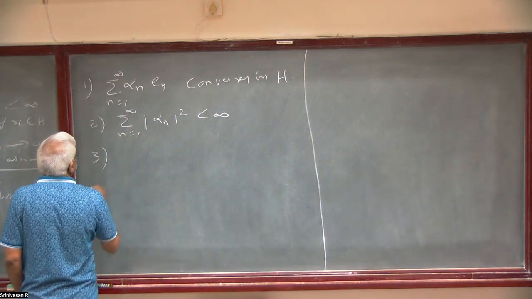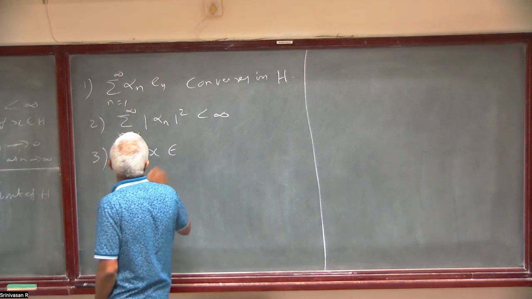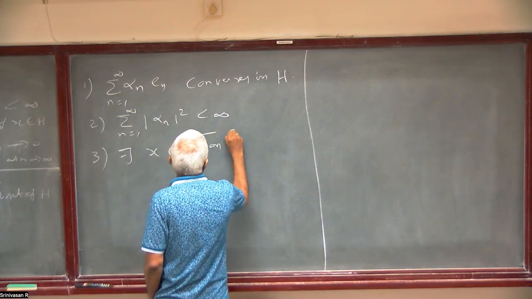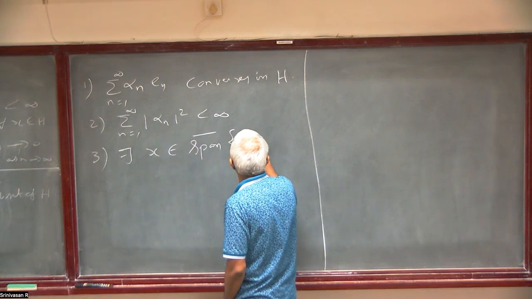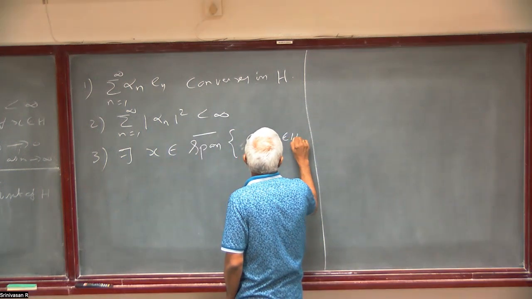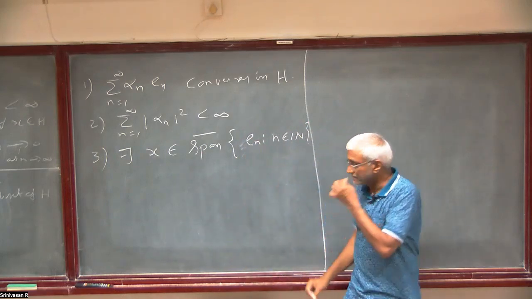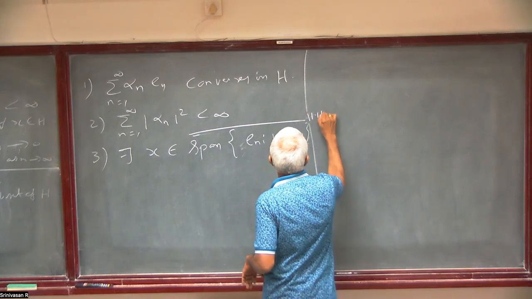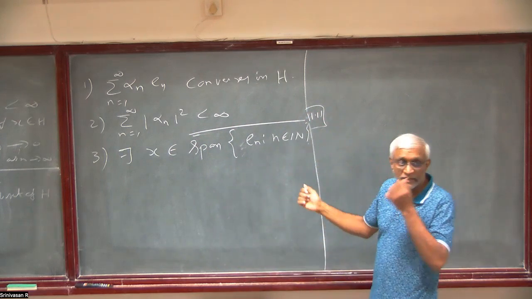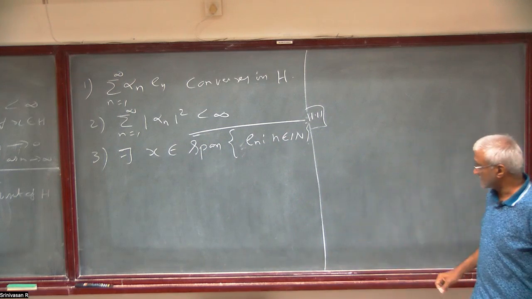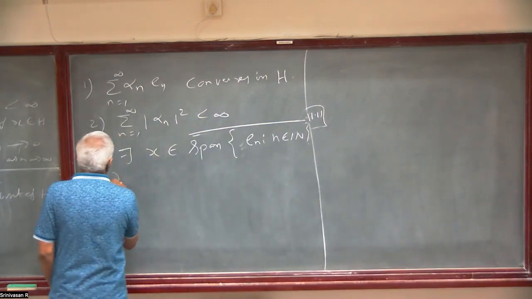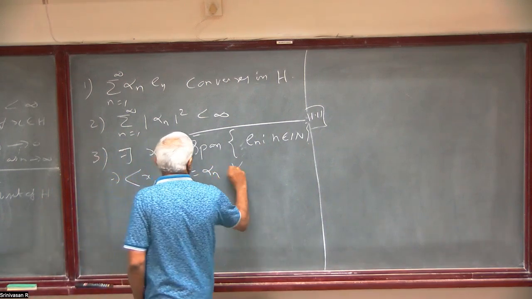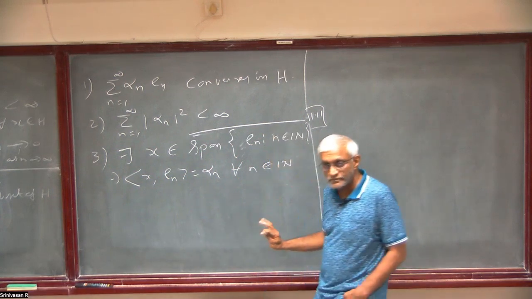Then the third thing is there exists an x in the span closure of all those e_n, you take the closure in the inner product norm, such that the inner product of x with e_n equals alpha_n.